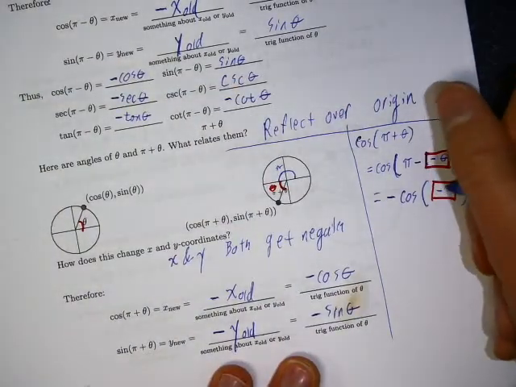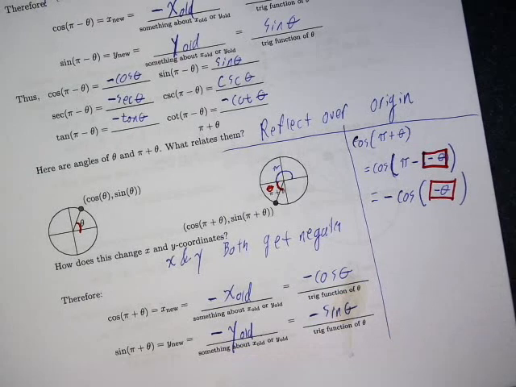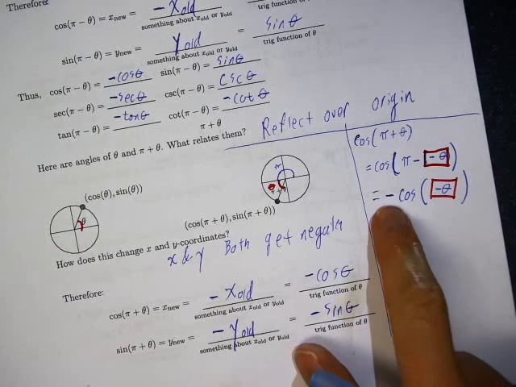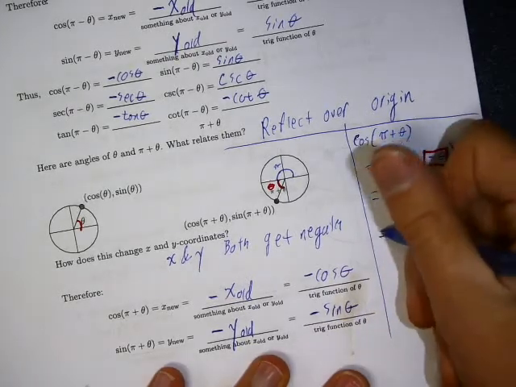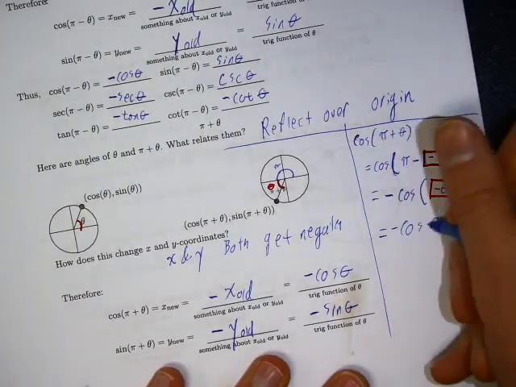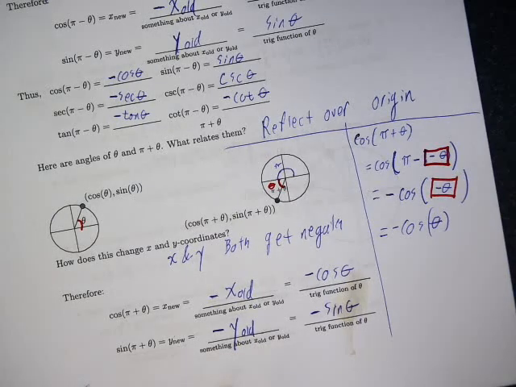And what is in the red box? Negative theta is in the red box. And what is the cosine of negative theta? It's just cosine theta. And then I'll remember that there's a negative sign on the outside already. So once you have identities, you can put these identities together to get new identities.